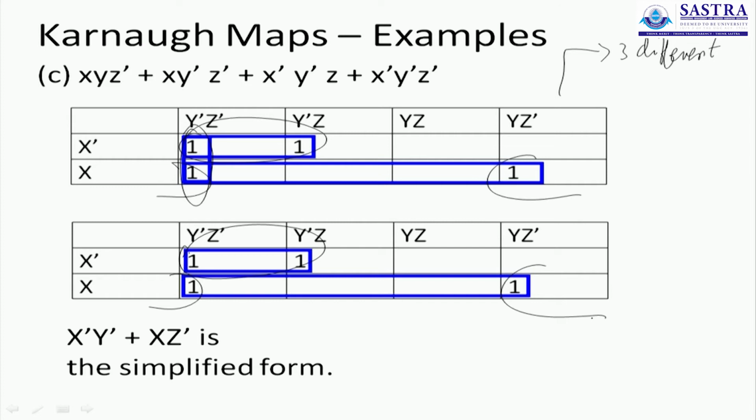Now this reduces the number of loops only to 2. It's not 3 anymore. I can reduce the number of loops to only 2 loops, and that's fine, because we are trying to minimize the expression here. So the fewer loops that you generate, the better your design of the Boolean polynomial is.